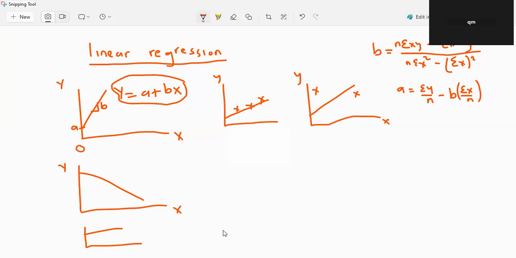We've talked about the first scenario, that relationships can either be positive or negative. The positive relationship comes about when one variable increases and the other variable also increases. A negative relationship is also called an inverse relationship.